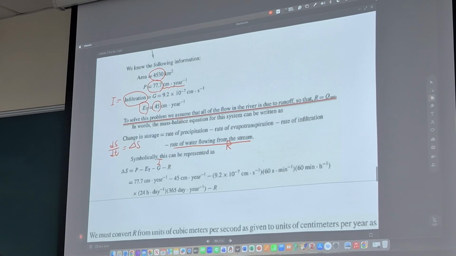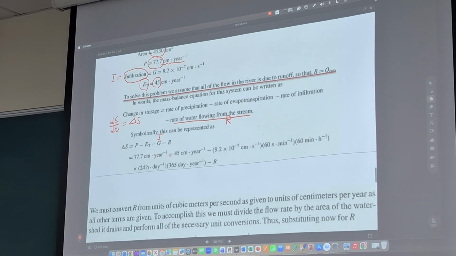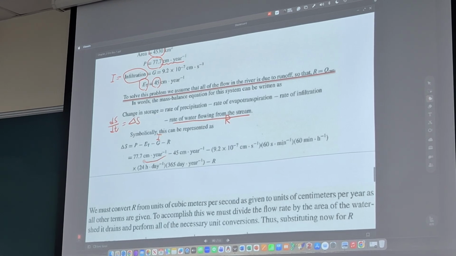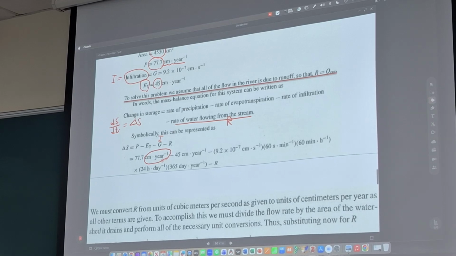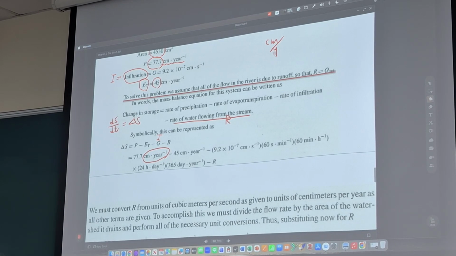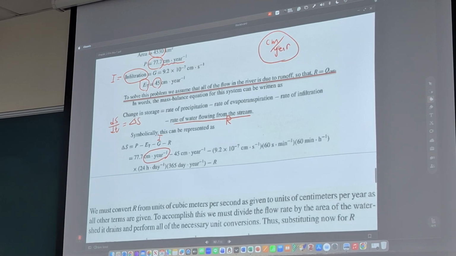This time we don't want to use pips. The unit we want to use is centimeters per year. So if we want to use this unit, we need to convert I. Students, we need to convert I from centimeters per second into centimeters per year.